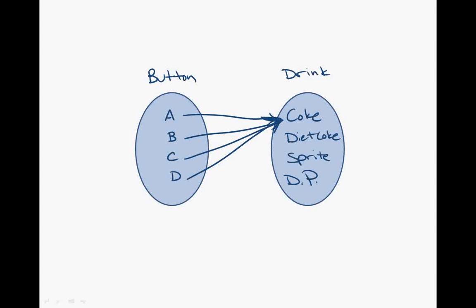It does. Even though the different inputs have the same output, we know exactly what the output is going to be for each button. If you press A, you know that it's going to be a Coke. If you press B, you know it's going to be a Coke. C, it's going to be a Coke, and D, it's going to be a Coke. This is a function. So I know this is a casual example. I won't exactly test you on Coke machines, but I want you to be able to apply this model to more mathematical examples.